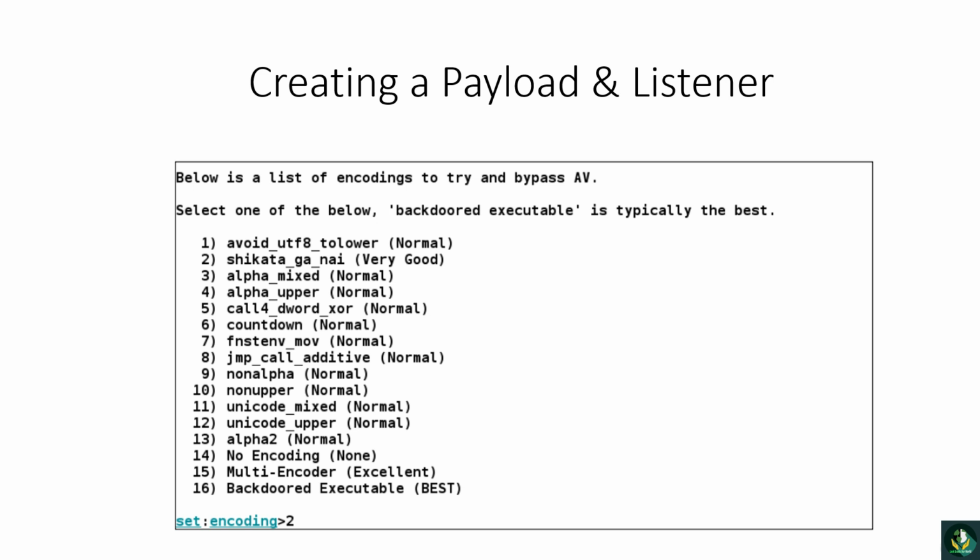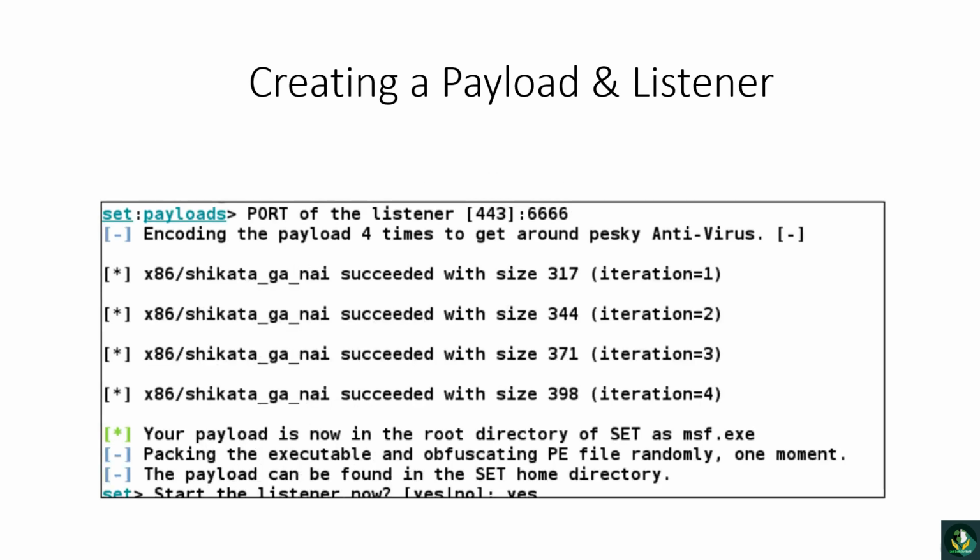After selecting the appropriate payload, we will need to choose the encoding scheme for the payload to avoid detection. We will choose the second option, which denotes the use of shikata_ga_nai, which is very good. So let's see the next option.